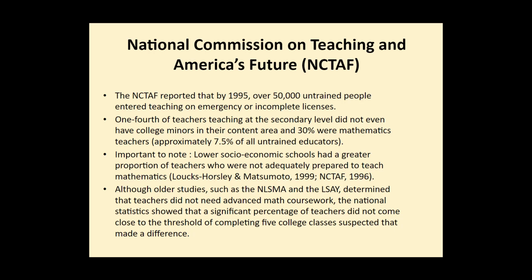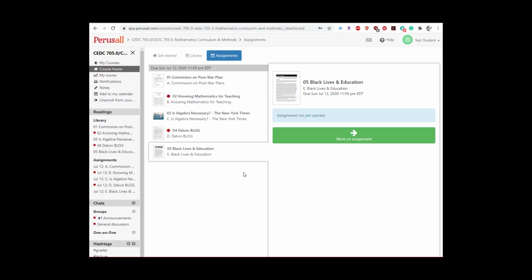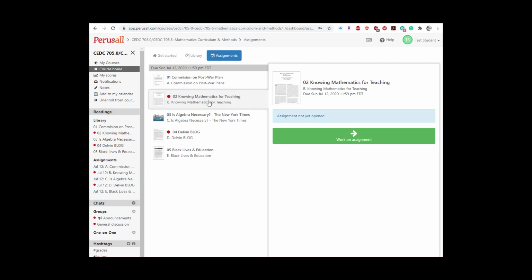So with that, let's go back to the Perusall real quick, and let me show you which of those articles are also aligned with what we discussed in these last few slides. Here on Perusall, you'll see the following articles for you to read. Knowing Mathematics for Teaching goes into more depth about content, pedagogical, and curricular knowledge for teachers.